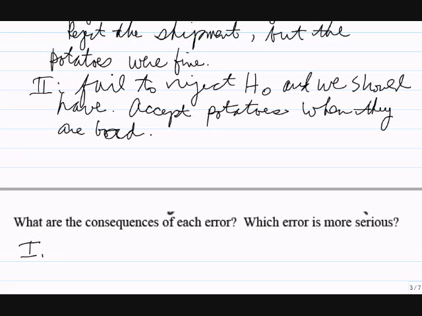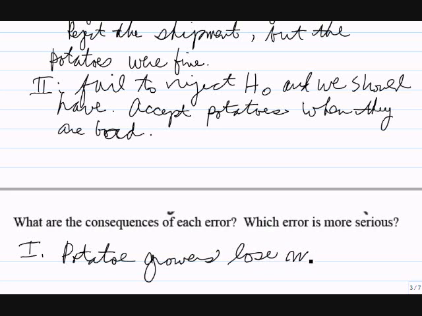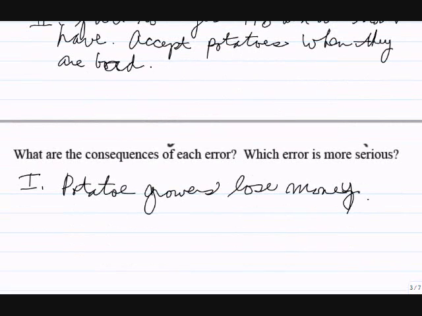That potato guy, the guy with the truck, is going to lose money because he couldn't sell his potatoes. So the potato growers lose money. I don't think that's funny that a potato grower would lose money. I think that's sad.